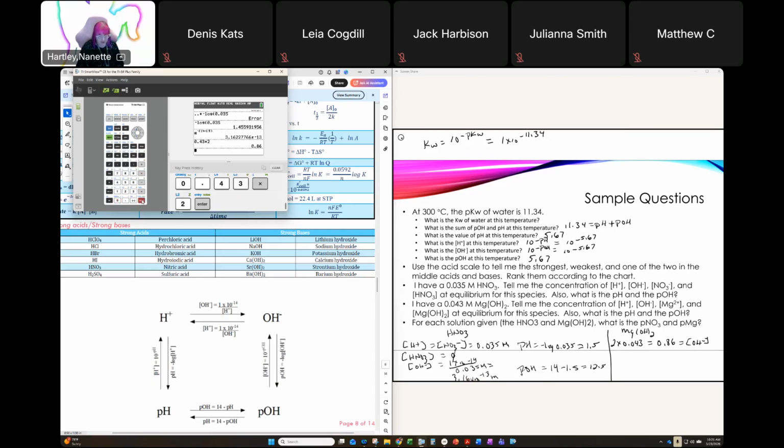Since it completely dissociates, it is, oh, actually, it's not listed in that. So I don't know any of those. Go me. So it's not listed here as one of our strong bases. So I don't actually know what any of those concentrations are. I know it's less than that, but I don't know exactly what. So I apologize for that.